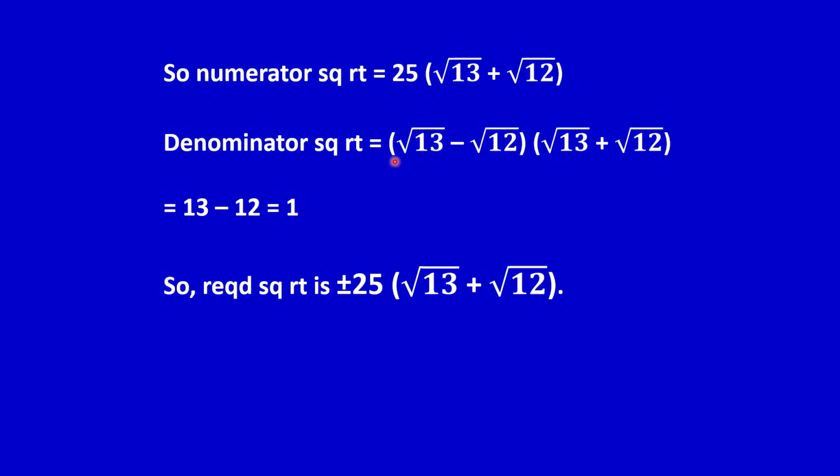So the denominator becomes 1, and the required answer is the numerator, which is 25 within brackets root 13 plus root 12, but as with all square roots, we prefix the mandatory plus minus sign. So the answer is plus or minus 25 into root 13 plus root 12. This is the required square root, and because the denominator is 1, we don't write it.